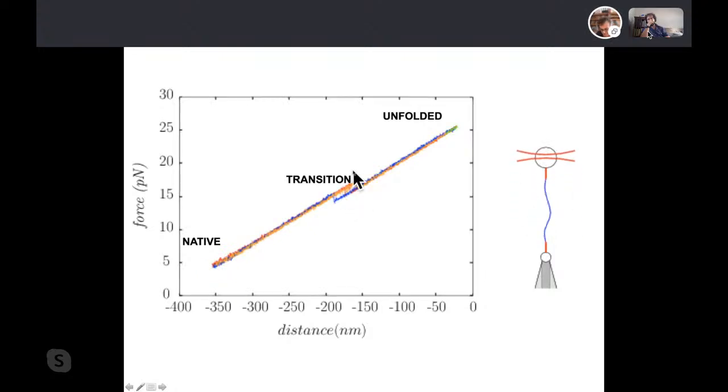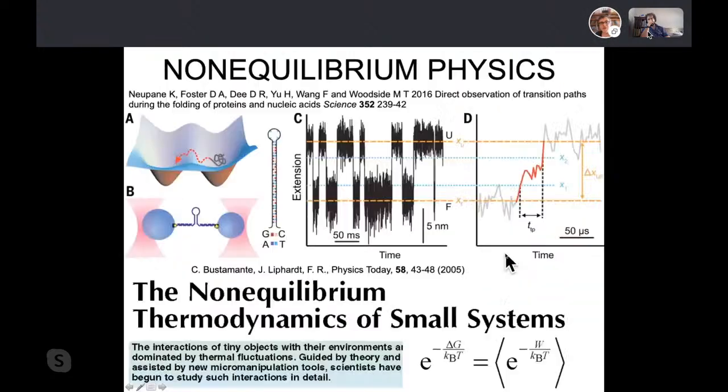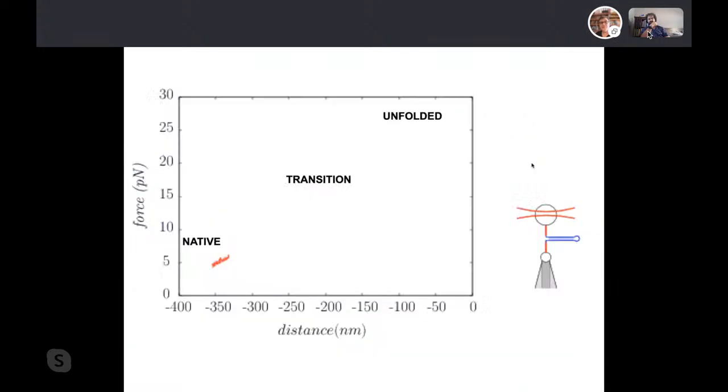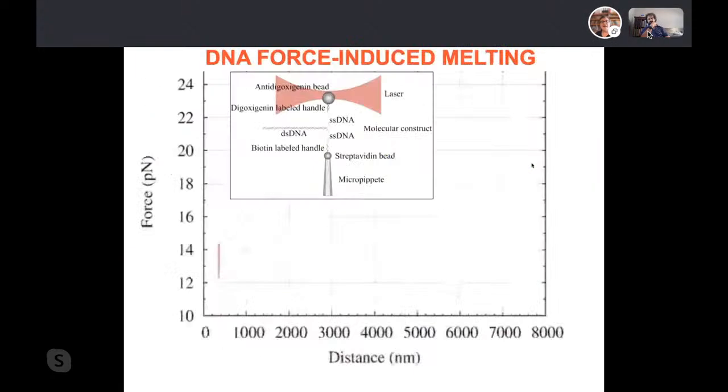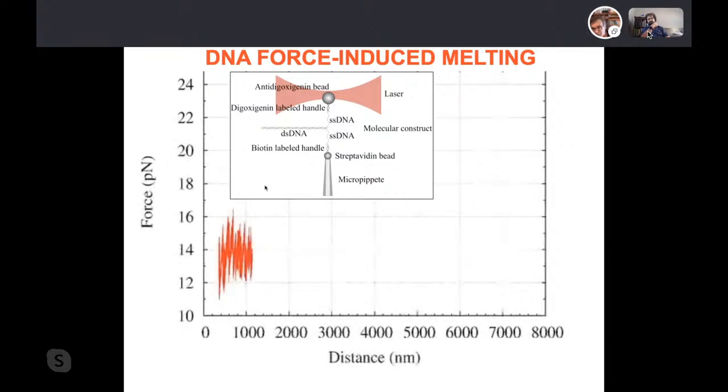So the same question you should ask here, could I sequence this? And we know that here we have a single jump, because as you remember by the works of Michael Woodside, this takes microseconds. So if I want to see what is in here, I need to see these letters in the transition state. So what we discovered is that we have bunches, avalanches, that in this unzipping experiment open sometimes 5 base pairs at a time, sometimes 100 base pairs.